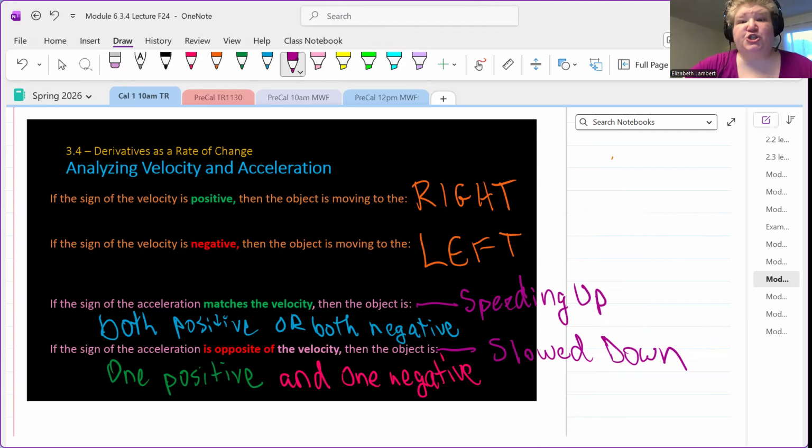So we have to pay attention to: are they in the same direction, both positive, or same direction, both negative? All right, then we're either speeding up forward or speeding up backwards. Sometimes instead of right and left, we might also think of these as forward and backward.